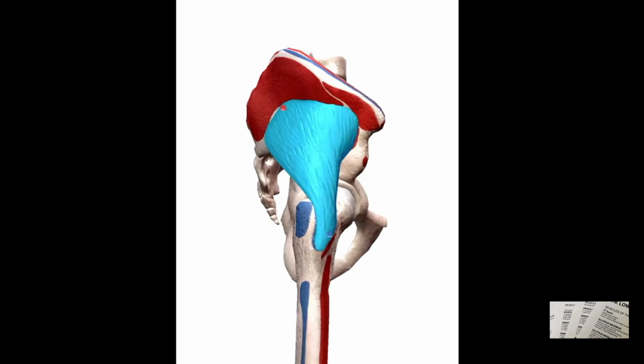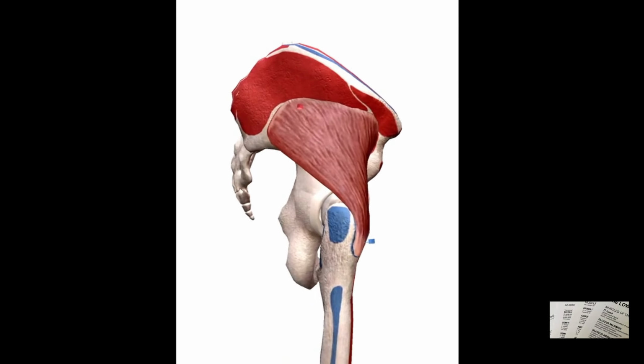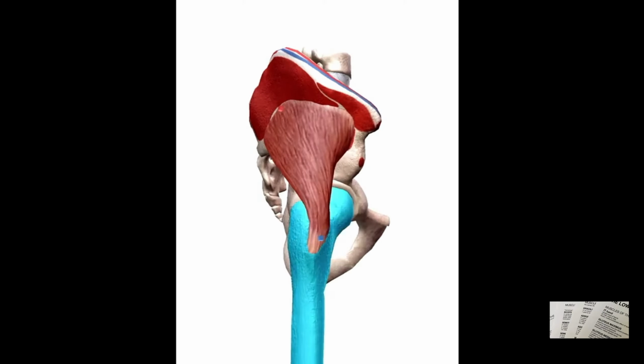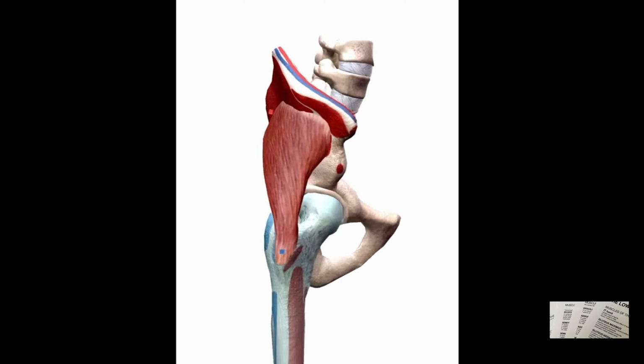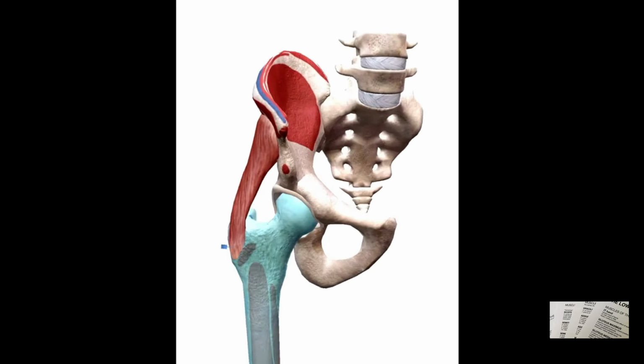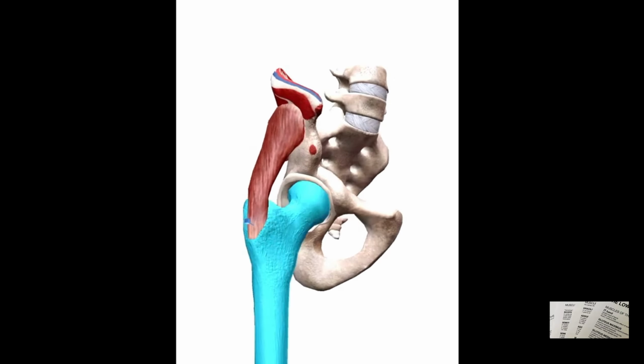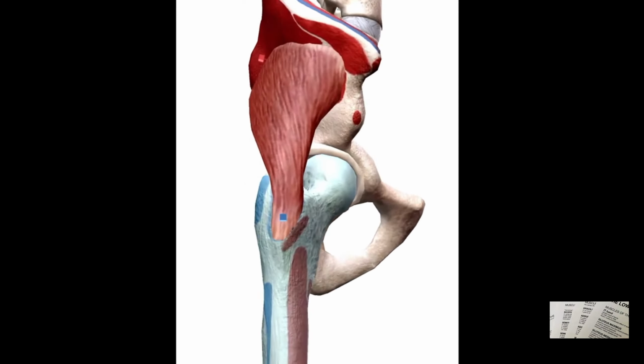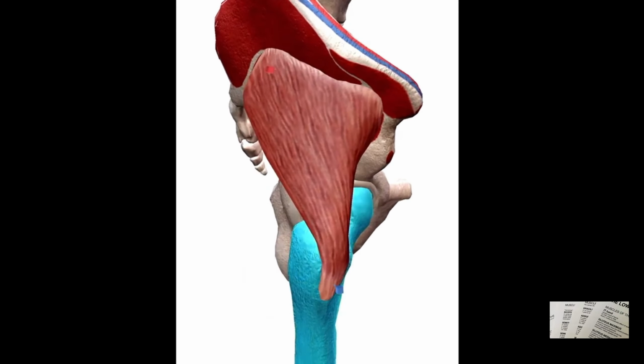What's the insertion for the gluteus minimus? That's right. Greater trochanter, right, of the femur. Here's our femur bone here, and we can see that gluteus minimus inserting there on that bone right there. Isn't that beautiful? Gluteus minimus.